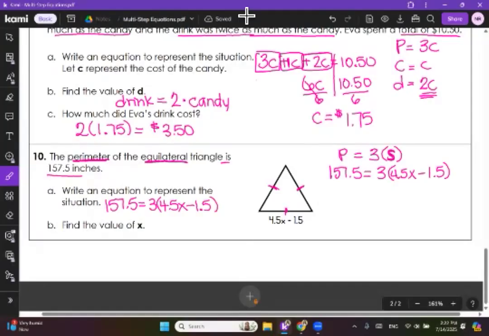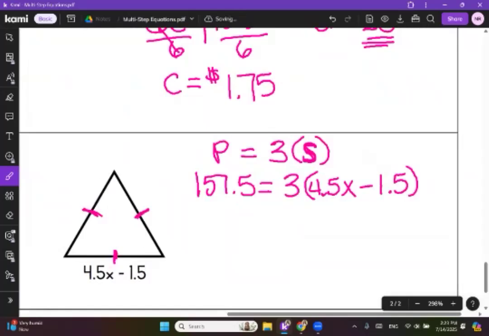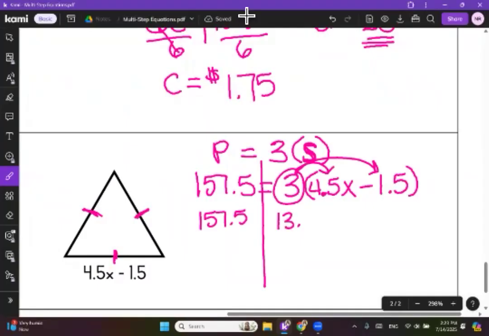Now find the value of x, aka solve it. So to solve this, we distribute. Three times 4.5. Three times negative 1.5.